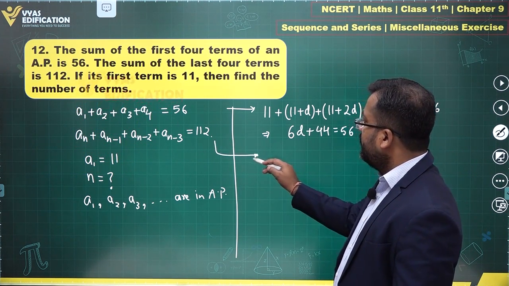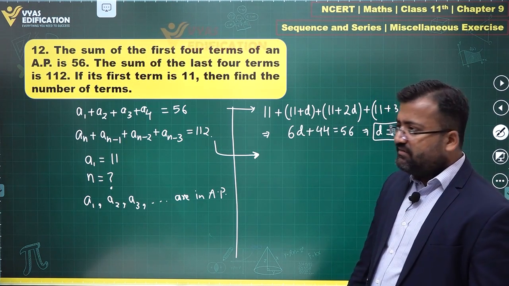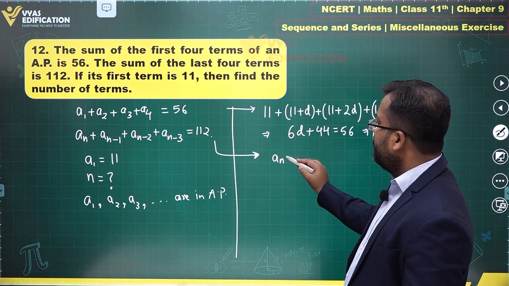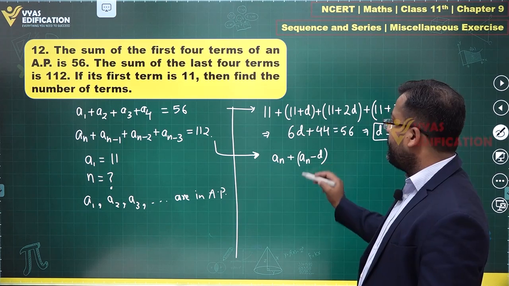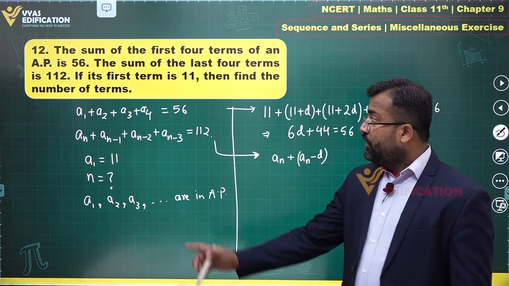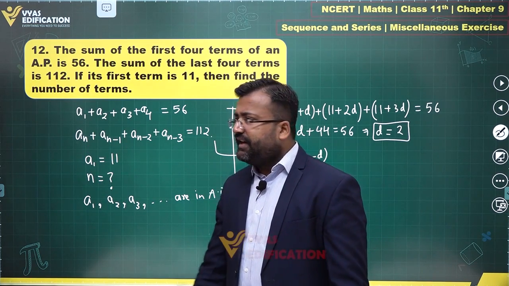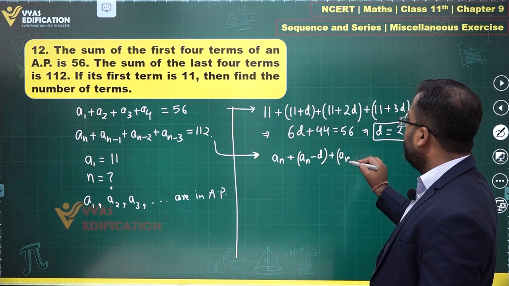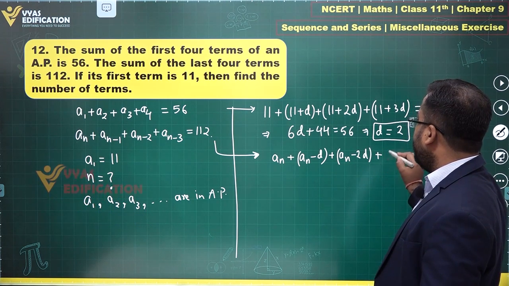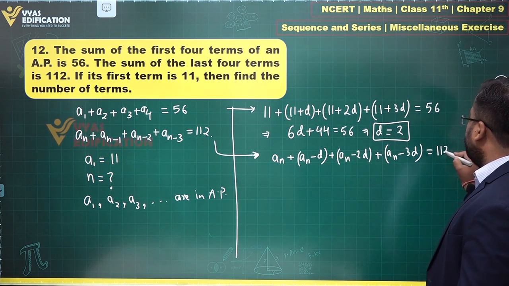What about this one? Can I note something from here as well? an is okay, let it remain an. What is an minus 1? Is that not an minus d? From here to here you add a d, from here to here you will subtract a d, right? Similarly, this will be subtracting 2d, and an minus 3d, which is equal to 112.